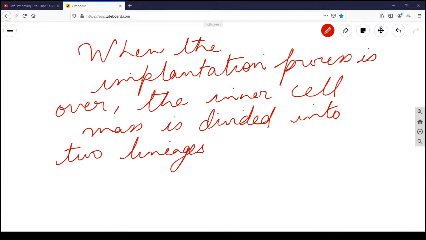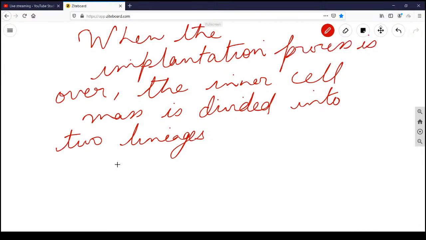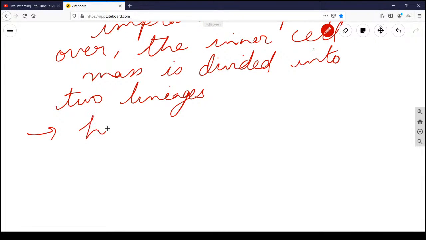The first lineage is known as the hypoblast. Hypo means under, so hypoblast. Hypoblast is also known as the primitive endoderm.